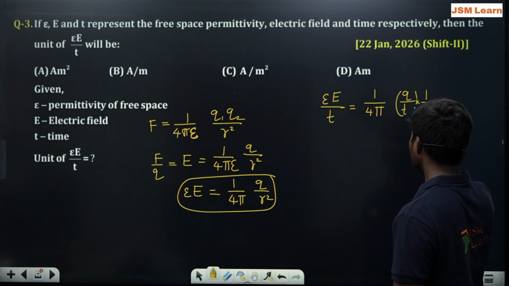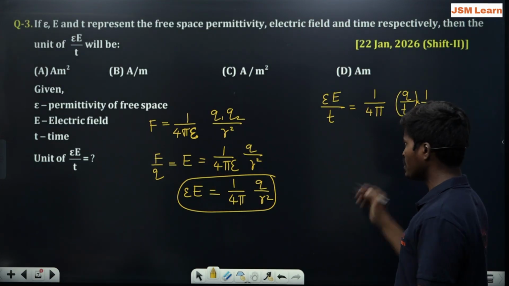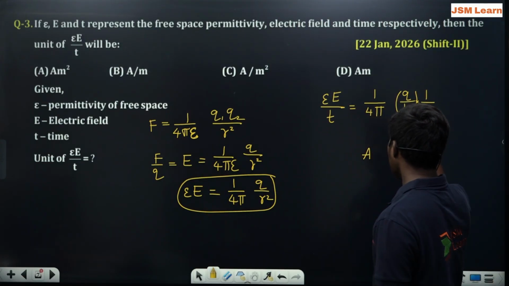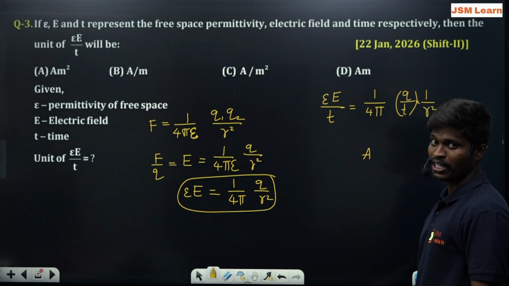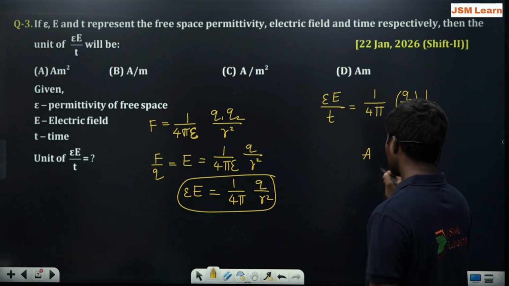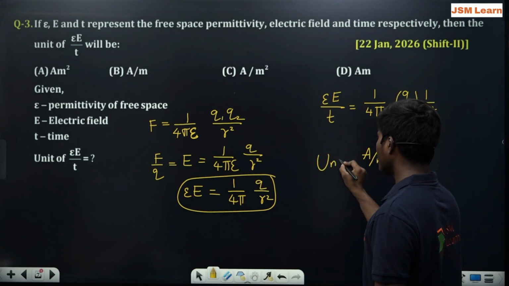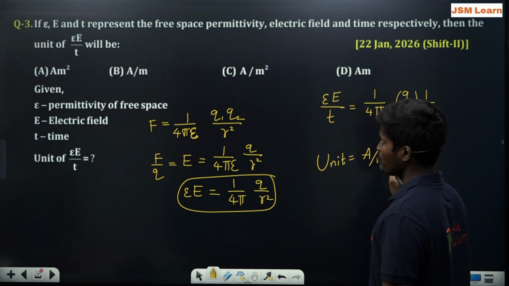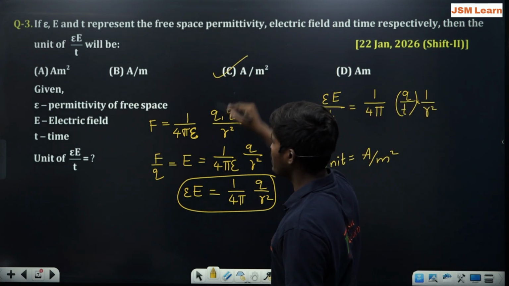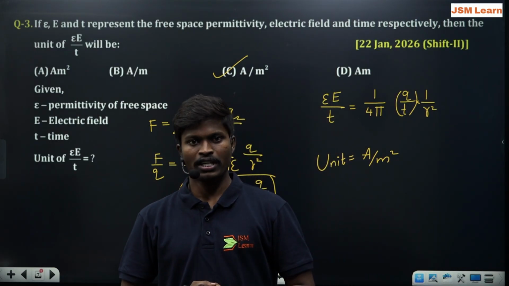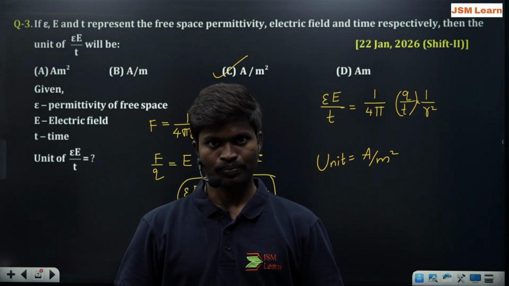This q by t is nothing but charge per unit time, which is current. Current has the unit ampere, and in the denominator r square is distance, so meter square: ampere per meter square. So the unit of the given physical quantity is ampere by meter square. So option C matches. This is the way to solve questions based on dimension analysis. Thank you.